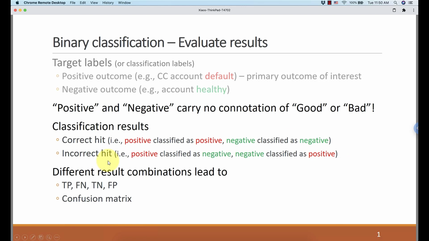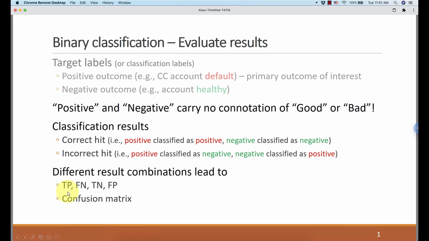Whereas when the classification is an incorrect hit, it could be that a positive outcome is incorrectly classified as negative, or a negative outcome is incorrectly classified as positive. Therefore, you have four possibilities when it comes to a classification result. And in the next slides, I will talk about these four concepts.